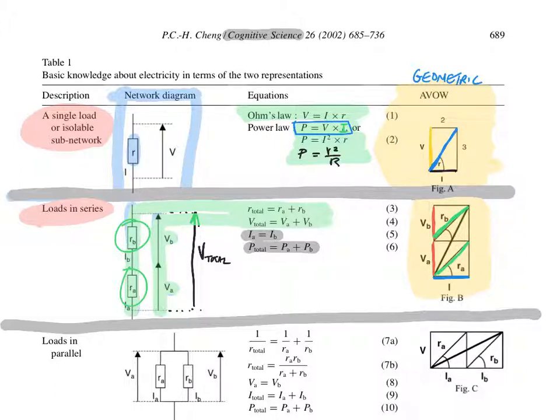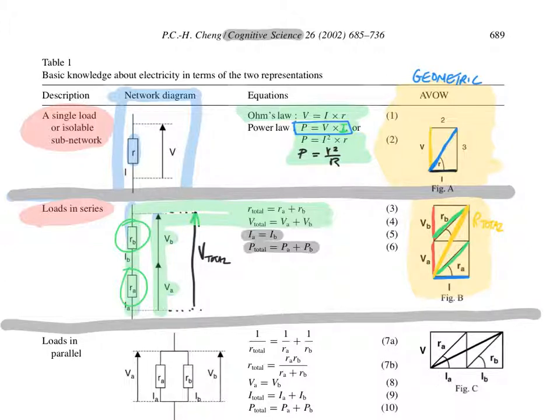Okay? But notice that the total resistance has a steeper slope than either one of the individual resistances. But wouldn't that make sense? Since I'm adding them, the total resistance would have to be steeper than the individual resistances.